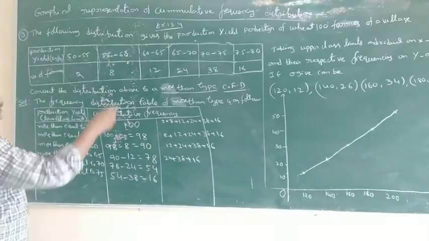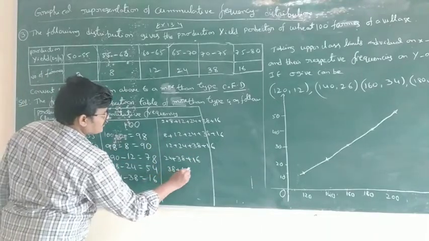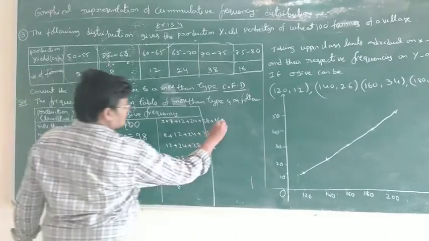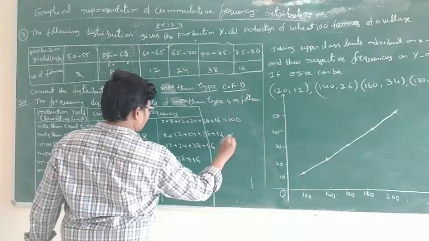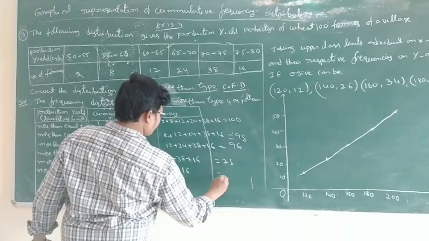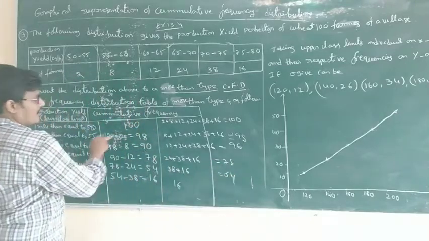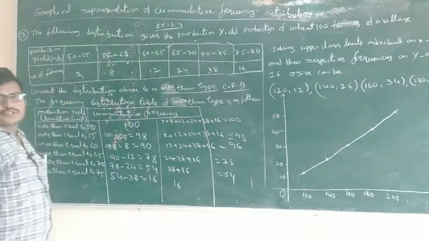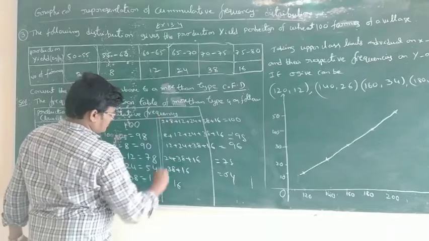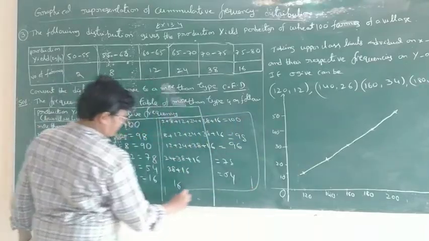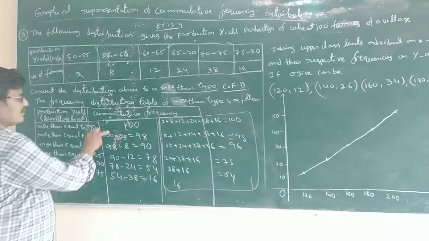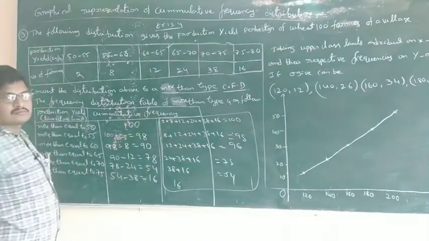More than 70 is 38 plus 16. More than 75 is only 16. This gives 100, 98, 90, 78, 54, 16. Either method gives the same result, so use either one.